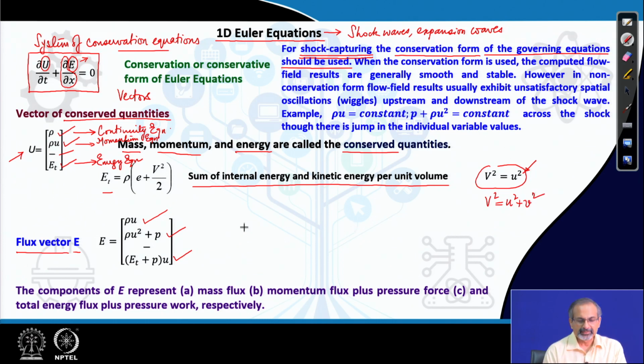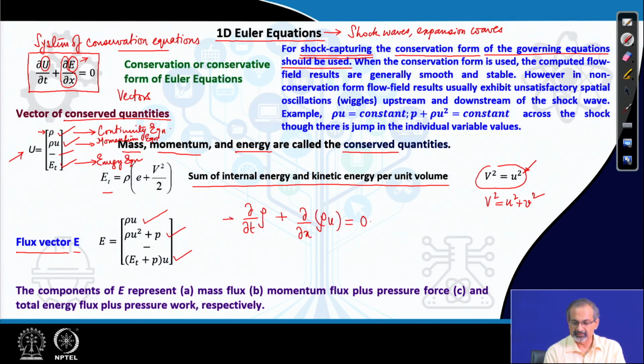So, if you want to identify the continuity equation, for example, you have to first take the first element of U, apply del t on that, and then add the first term from the E vector after taking a del x of that and equate it to 0.